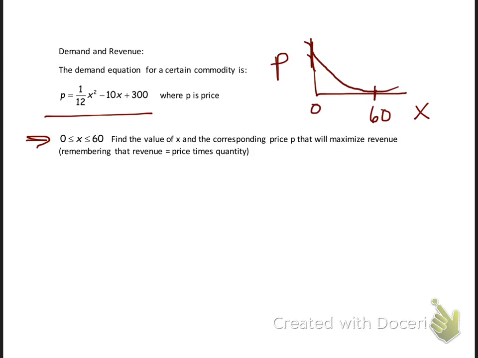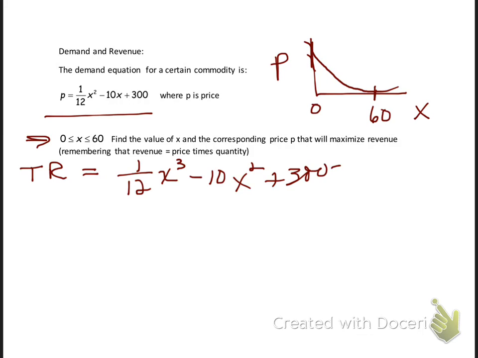So given that, they say find the value of x and the corresponding price that will maximize revenue. So we have to first say that revenue is price times quantity. So if that is the case, then our total revenue is going to be 1/12 x cubed, right, because I'm multiplying it by x, minus 10x squared plus 300x.